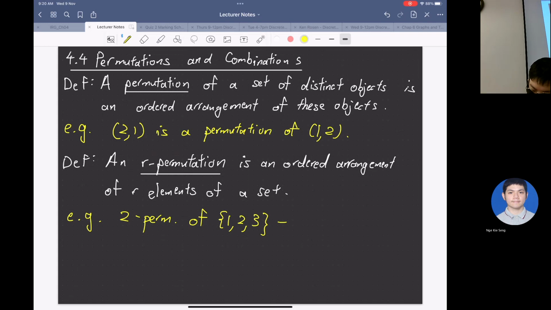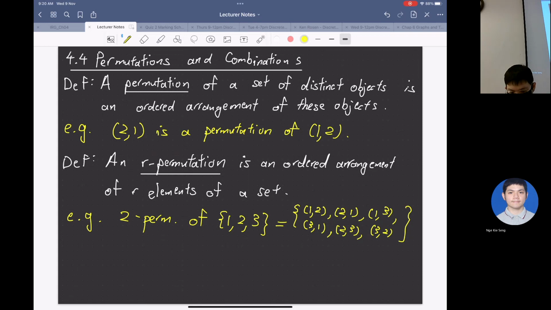If you want a 2-permutation, you need to pick 2 elements out, and we care about the order. So what are the elements here? We have 1, 2; 2, 1; 1, 3; 3, 1; 2, 3; and 3, 2. So we pick r elements and consider all the possible orders.